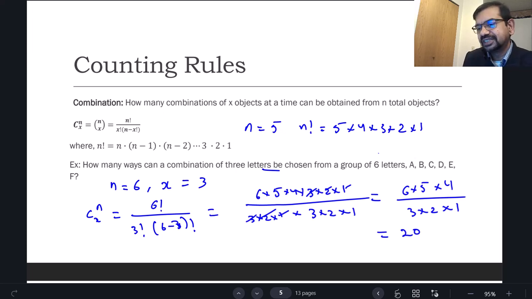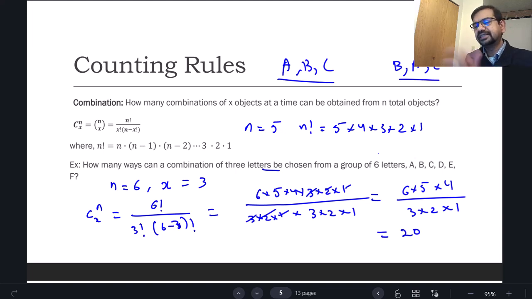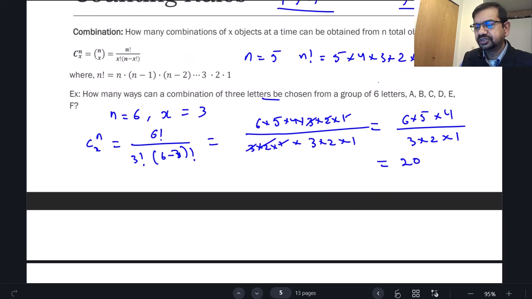So what we're essentially saying is that A, B, C is the same group as if we had drawn B first, then A, then C, and so forth. But sometimes the ordering may matter. So if we consider A, B, and C as different than B, A, and C, in this case the sequencing is important, we call that a permutation.